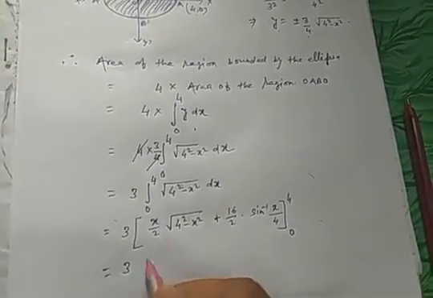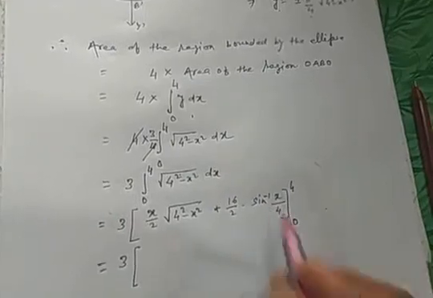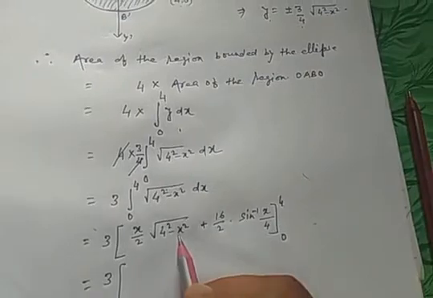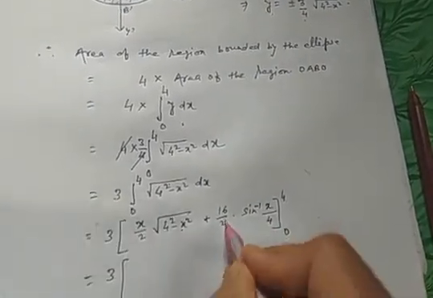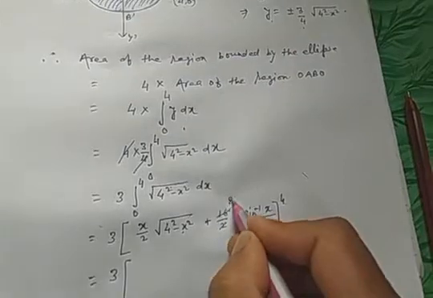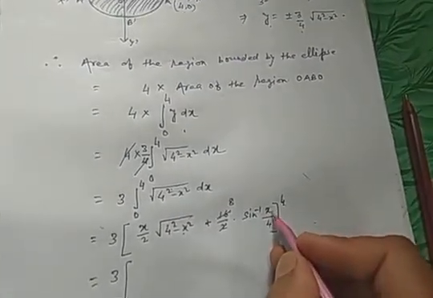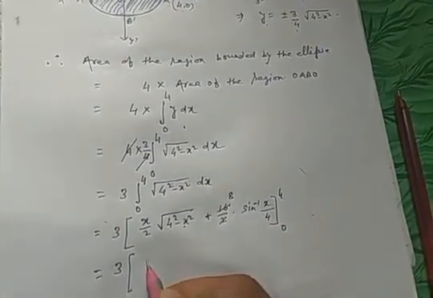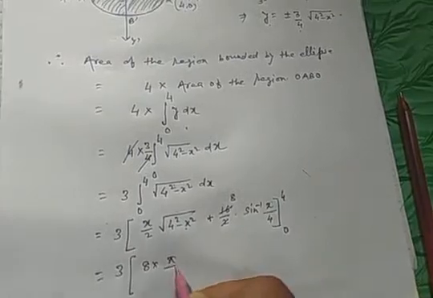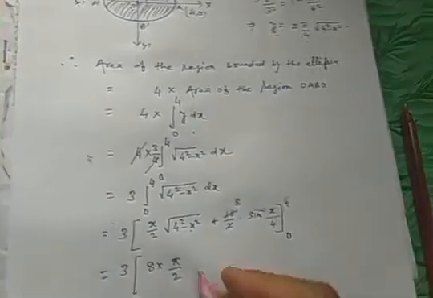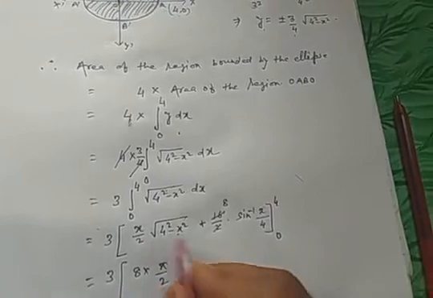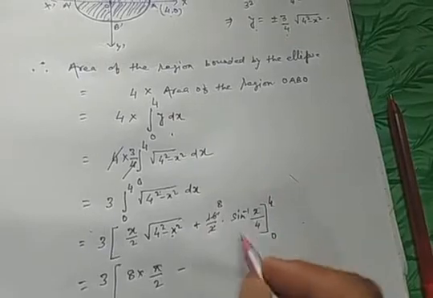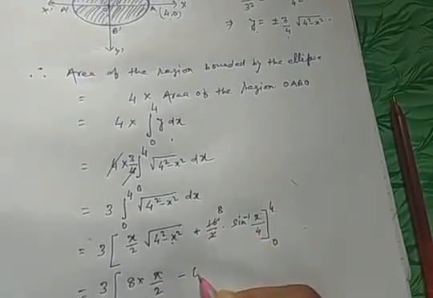When we put x equal to 4, the first part becomes 0 and the second part is 8 into sine inverse 1. The value of sine inverse 1 is pi by 2, so we get 8 into pi by 2. Minus, when we put x equal to 0, the first part is 0 and sine inverse 0 is 0, so that part is also 0.